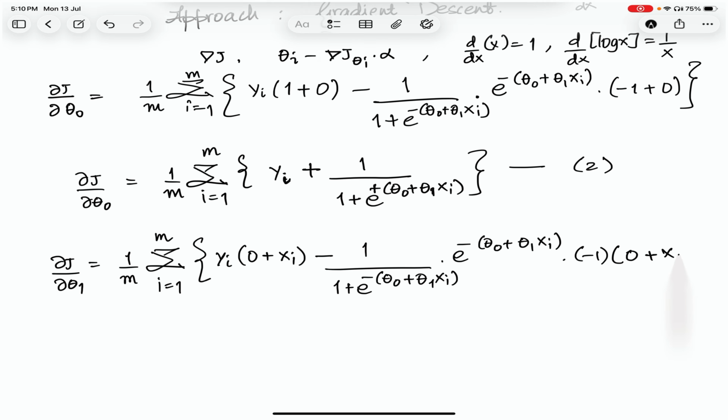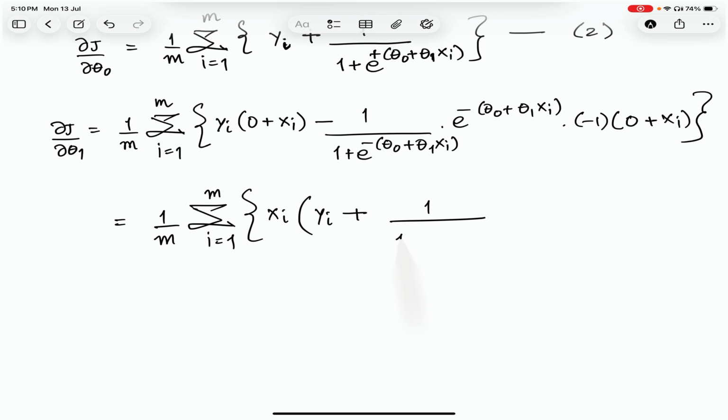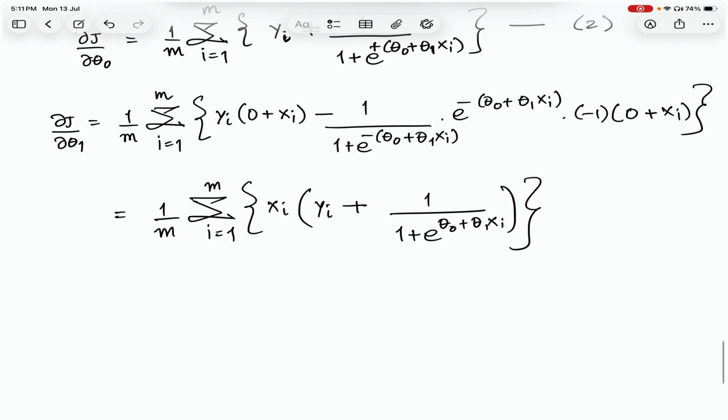So this can be written as 1 over m summation xi times yi minus, and minus gets plused out, 1 over 1 plus exponential positive. This is what we are supposed to get.